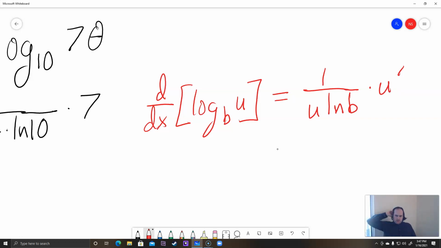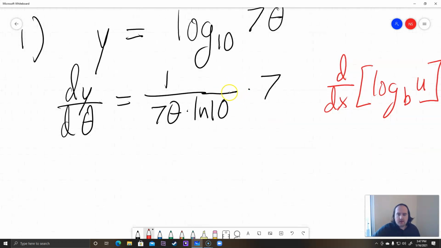Okay, so that's just the same as the formula for the derivative of ln of u. It's just because the base is not e, because it's not a natural logarithm, we have to throw in this ln of the base on the bottom. Okay, so that's what we did here.